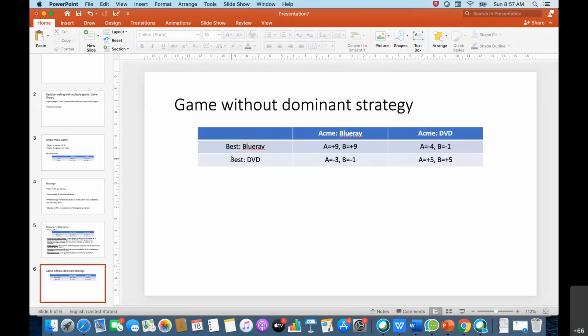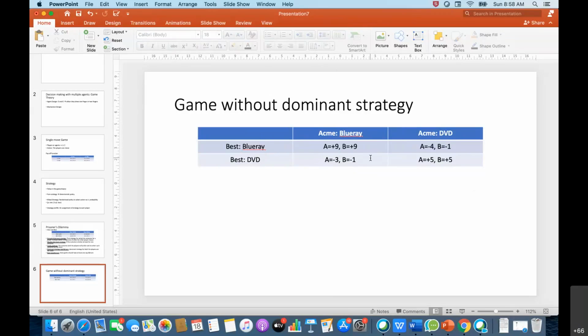But if they do agree, yes, you are right, this game does have two equilibriums. Only if they agree are they going to gain. Otherwise, they are going to lose. This is the strategy of the game.